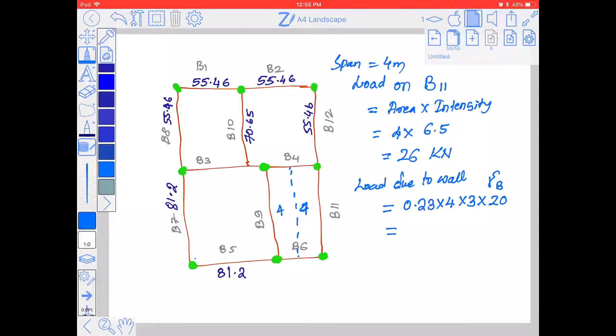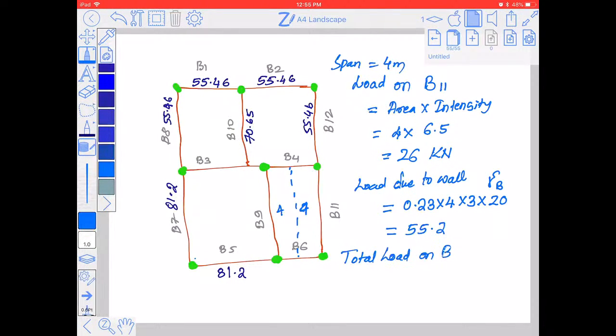Can anybody tell me what is the load? Obviously, Prashant, the same procedure need to be adopted. 4 into 3 into 20. How much it will be? 0.23 into 4 into 3 into 20. 55.2.